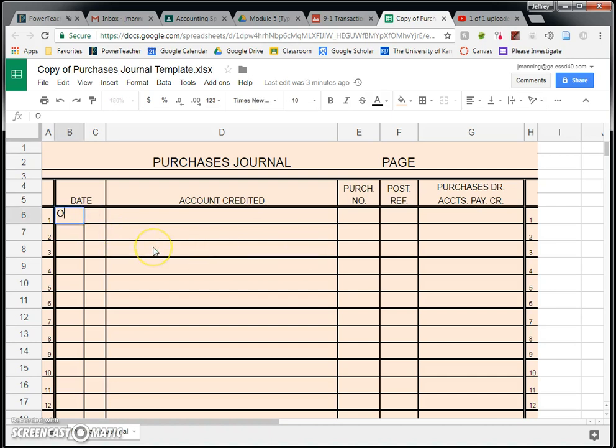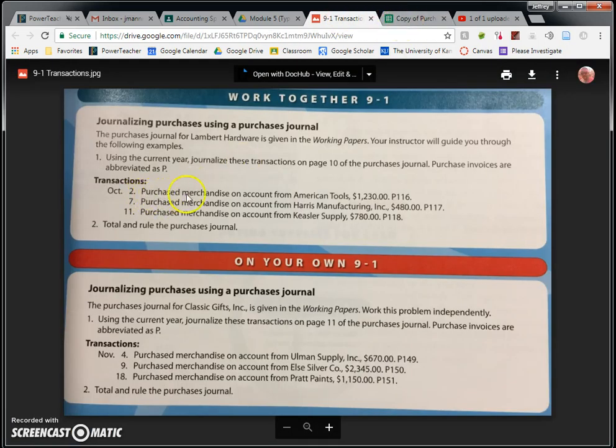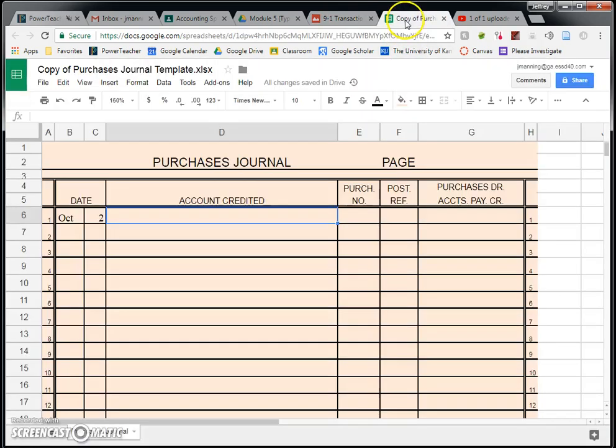So we're going to put October 2nd as the date. The account credited is the name of the company, so it's going to be American Tools. And we are crediting American Tools' account because we owe them money. We purchased merchandise from them, and since it was on account, we are promising to pay them back later.